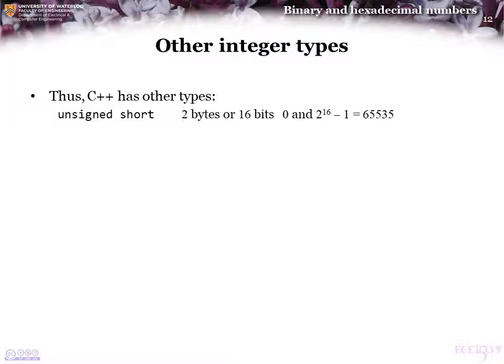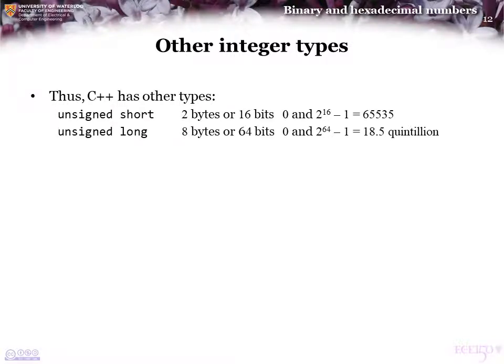You can declare a local variable or parameter to be of type unsigned short. In that case, it generally only occupies 2 bytes or 16 bits. That means it can store values between 0 and 2 to the 16 minus 1, or between 0 and 65,535 inclusive.